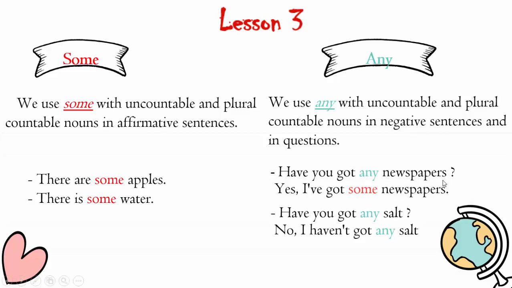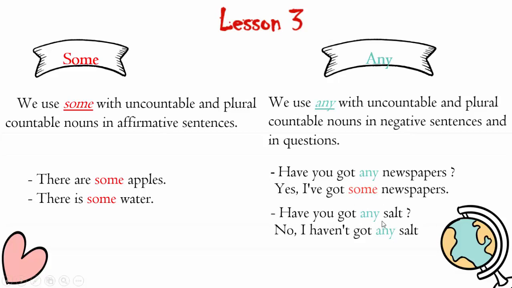We use any with uncountable and plural countable nouns. The answer: yes, I have got some newspapers. Here we used some because it's an affirmative sentence, not a negative sentence.